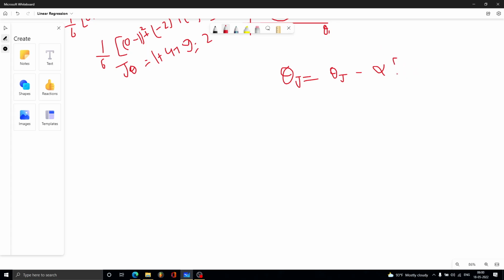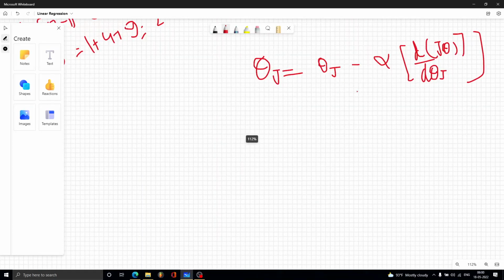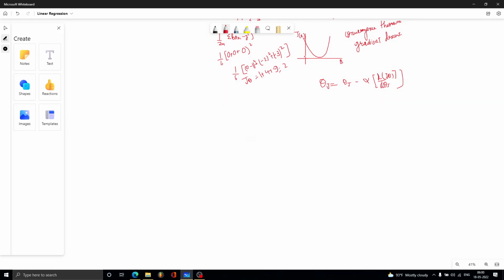Then the differentiation with respect to theta j of J theta, the cost function. This J theta here is nothing but what we are getting from here, basically these values, points. This is like the slope.